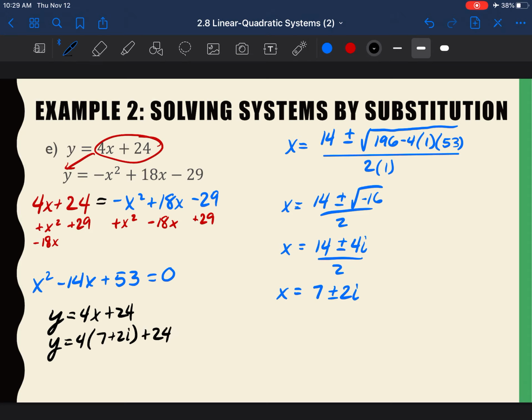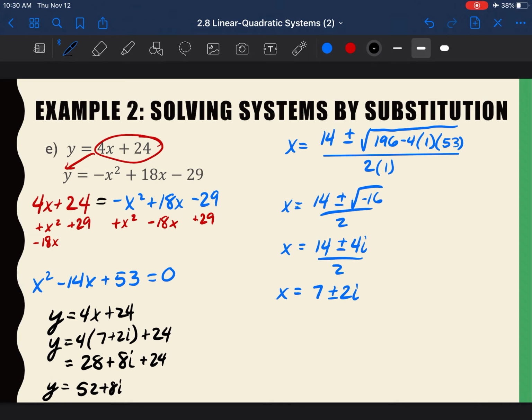So then you get 28 plus 8i plus 24. Then combine the like terms, so you get y is equal to 28 plus 24, which is 52. So 52 plus 8i.